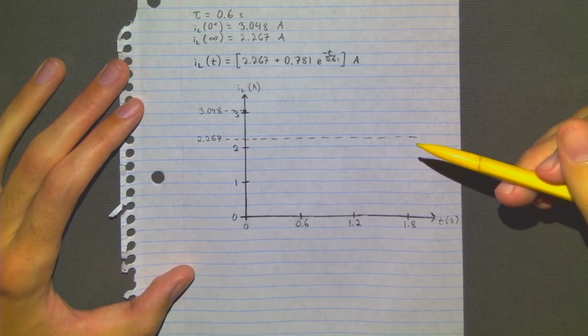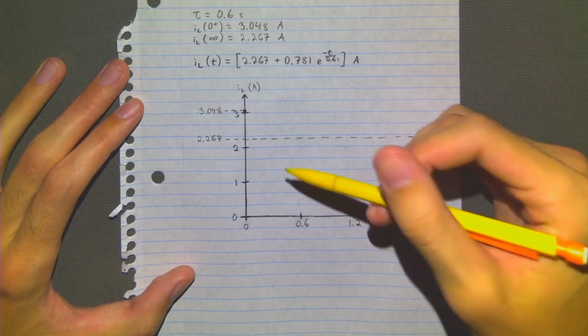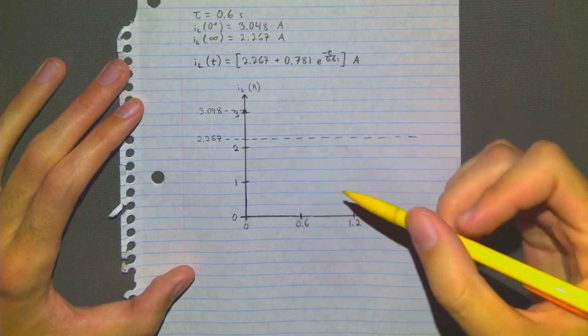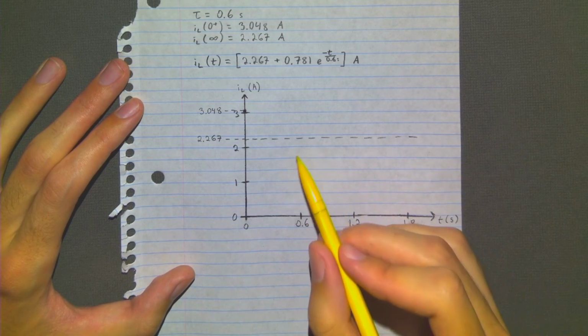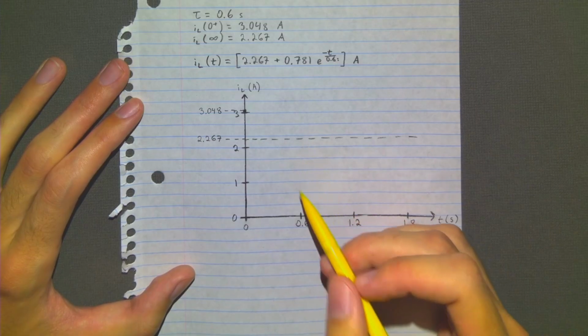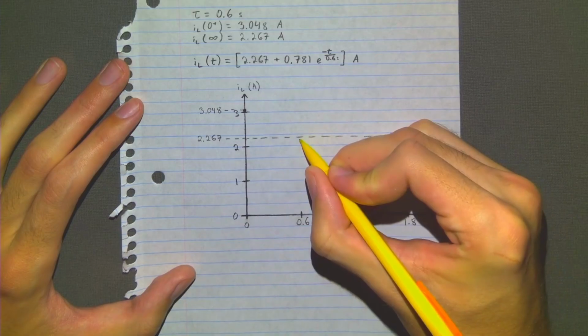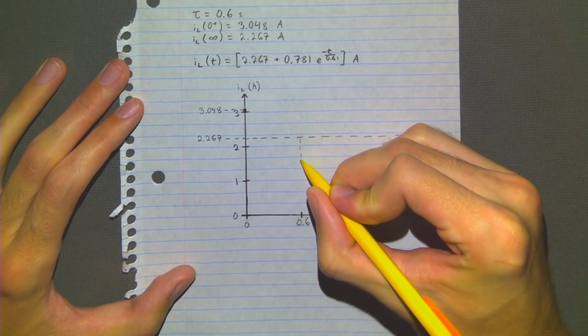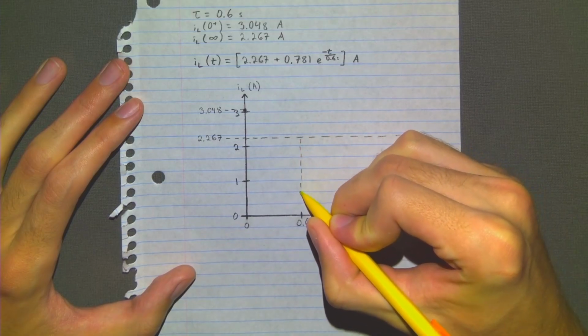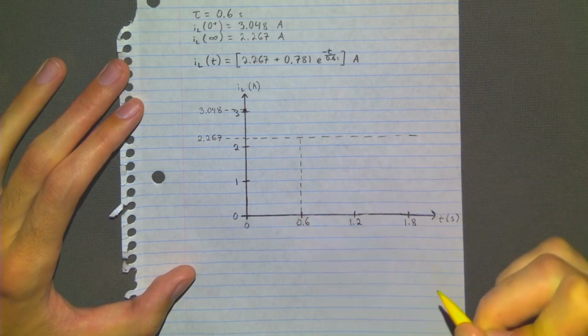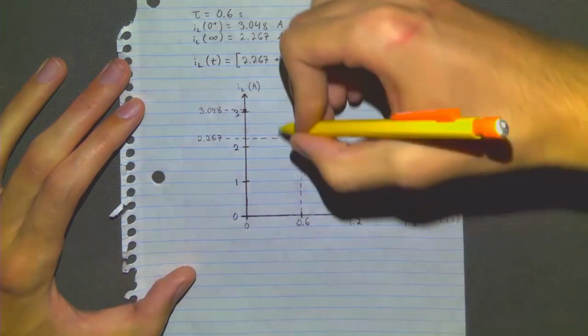And we know that the tangent to the exponential at t equals 0 is going to intersect the horizontal asymptote for the final value at the first time constant. So we can draw the tangent.